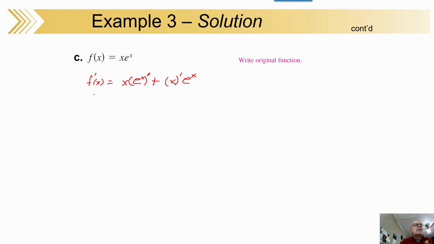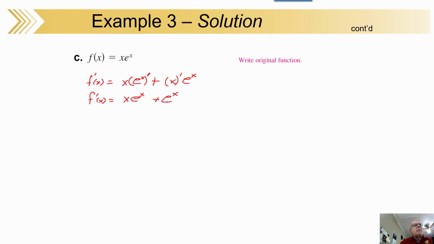And the rest should be mechanical by now. E to the x. The derivative of that is just e to the x. So this is x e to the x. Looks vaguely familiar, right? And the derivative of x is 1. So it's just e to the x.